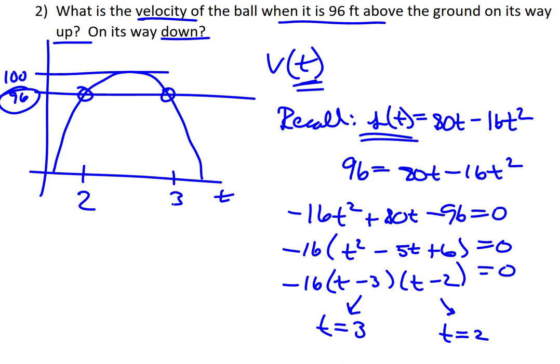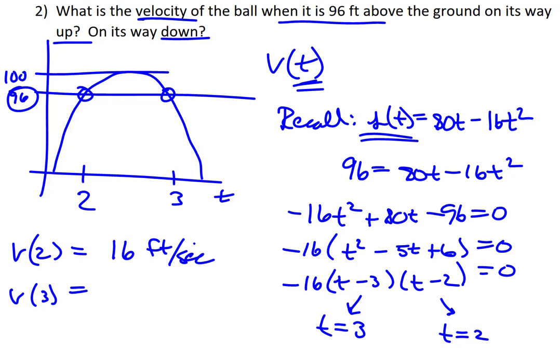This question, though, said, what is the velocity at those times? Well, then we go back to our v equation above. We want to know what v of 2 is, and we want to know what v of 3 is. Those will give us the velocities at these two times, which is when the ball will be at this height of 96, which we know from tying all these equations together. It turns out v of 2, if you plug 2 into the velocity equation above, we get 16 feet per second.